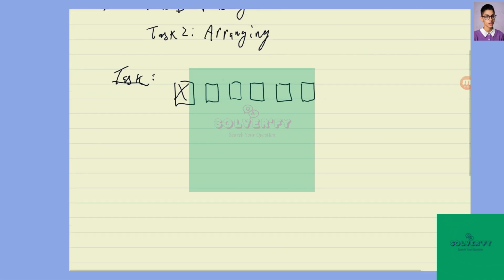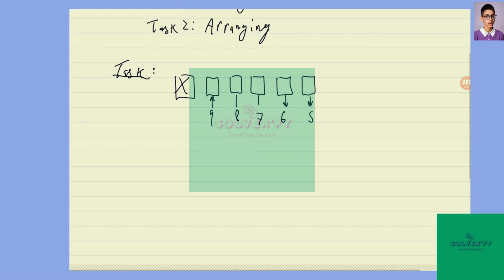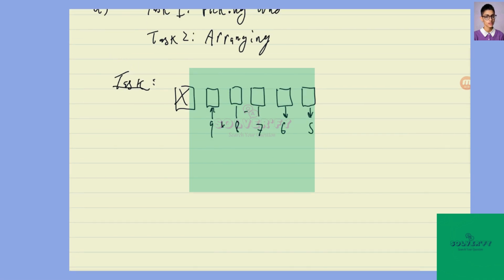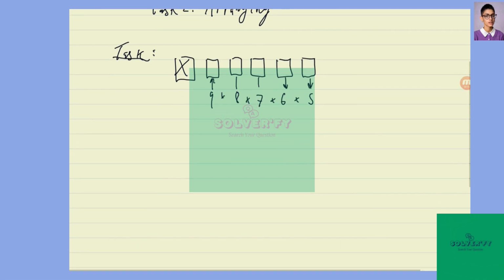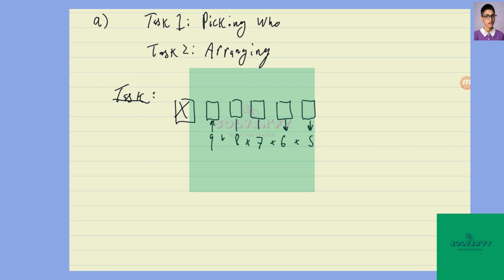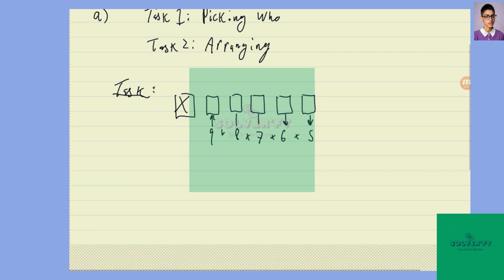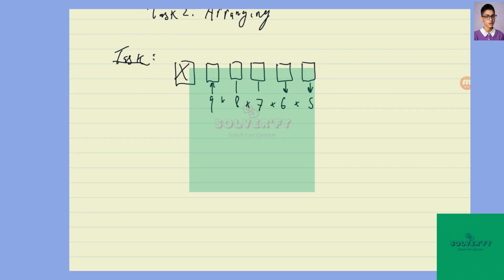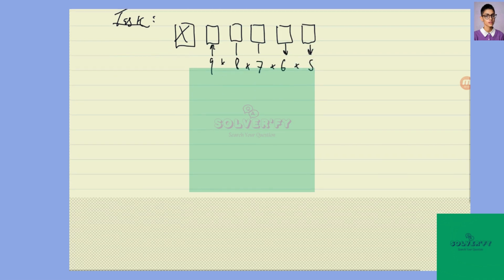And we would have 9 ways to fill the first slot, 8 to fill the second, 7 to fill the third, 6 to fill the fourth, and 5 to fill the fifth. So we'll have 9 times 8 times 7 times 6 times 5 different ways of choosing who out of the original group of 10 we'll be seating.